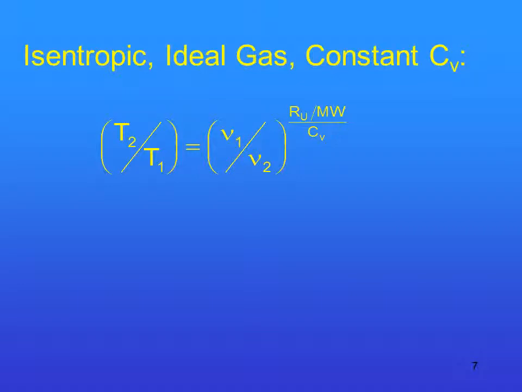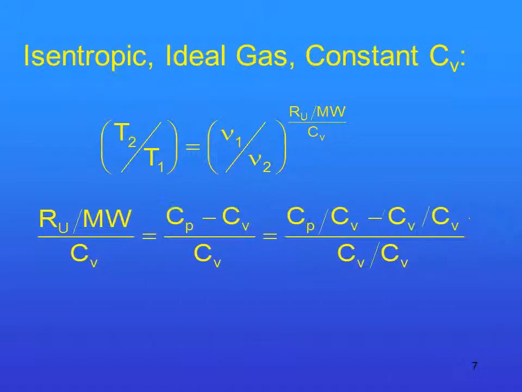These relationships are awfully handy when you're dealing with ideal processes that could be considered close to reversible. T2 over T1 is the ratio of V1 over V2 to this exponent. And again, some manipulation on the exponent leads to k minus 1, where again, k is this ratio of Cp to Cv.